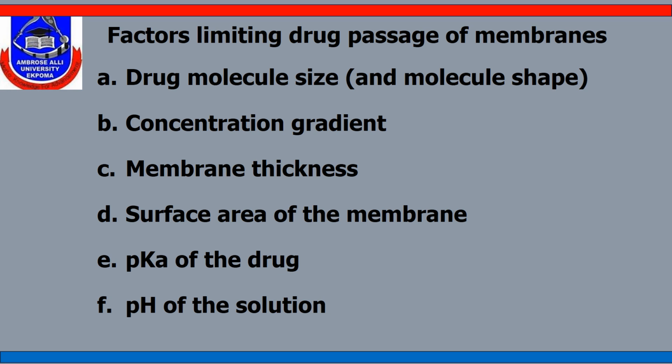These are all factors that can influence the intake of drug into biological membranes. Of course, let me hint you here that when we talk of intake of drug into biological membrane, we are actually talking of drug absorption into the cell.